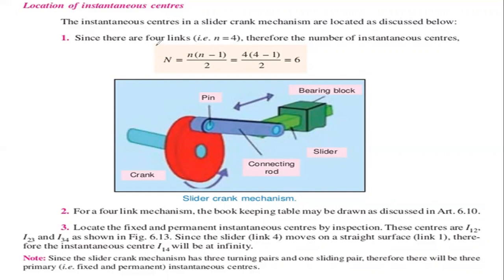We have already defined the formula, capital N is equal to n into n minus 1 by 2, from the instantaneous center method. By substituting the number of links in this formula, we got 6. So the total number of instantaneous centers is 6. This is the example of the slider crank mechanism, which you can show in different colors on a 3D diagram.